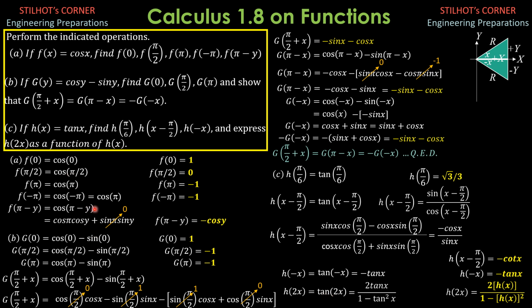And you know the expansion here. From there, divide the numerator by cosine square x as well as the denominator, and it will result to this one. Therefore, h of 2x is 2h of x over 1 minus quantity h of x squared. So we have expressed h of 2x as a function of h of x.